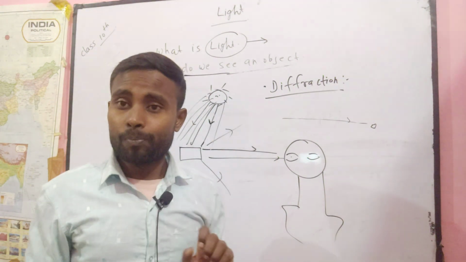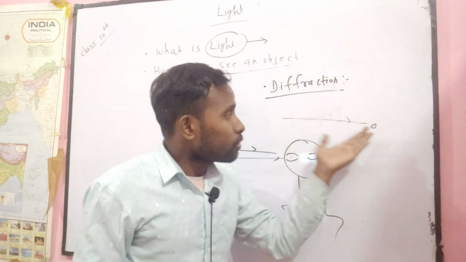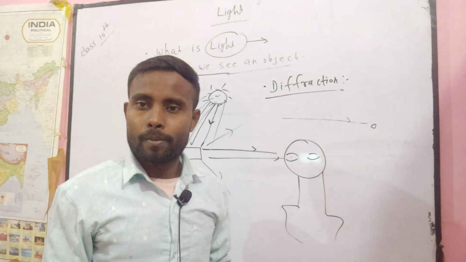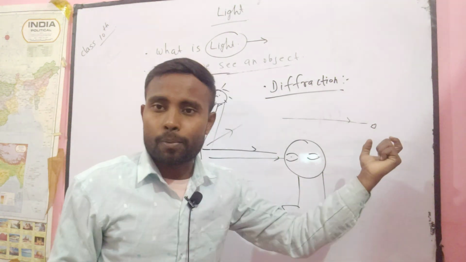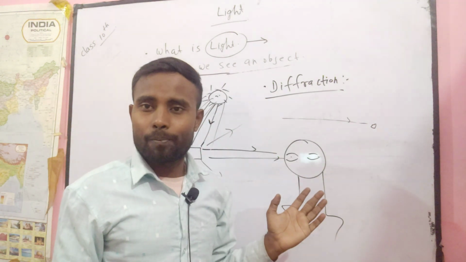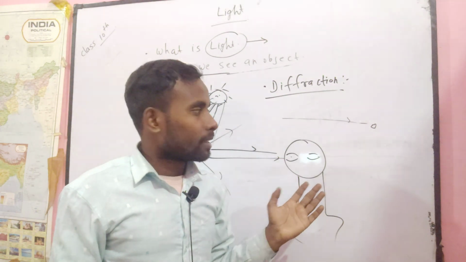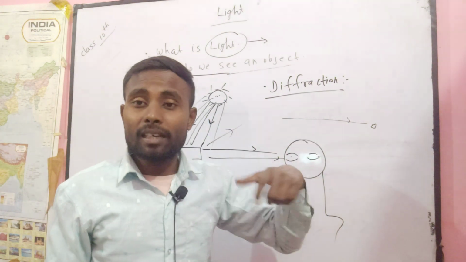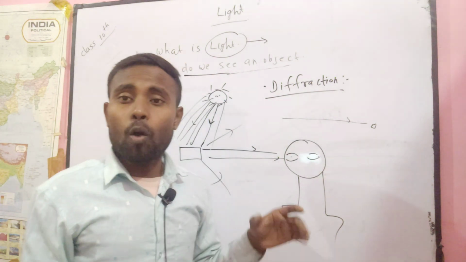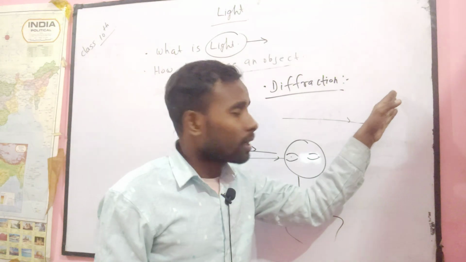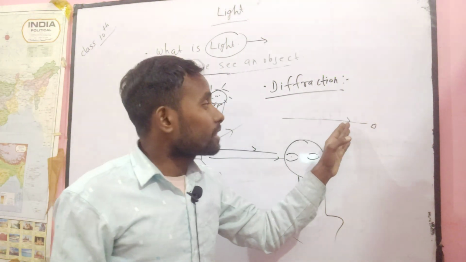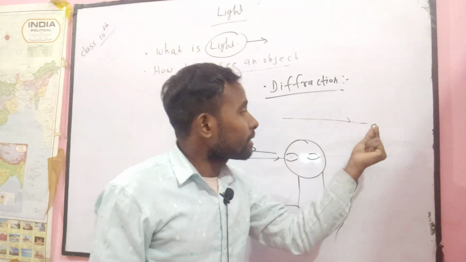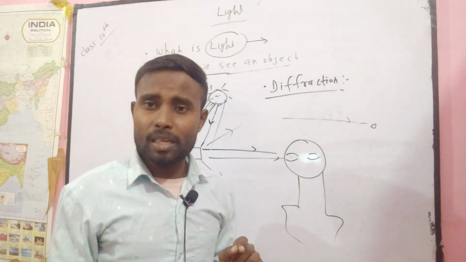When a light ray falls on these teeny particles, instead of reflecting, it has a tendency to turn around, or bend, after falling on these teeny particles.